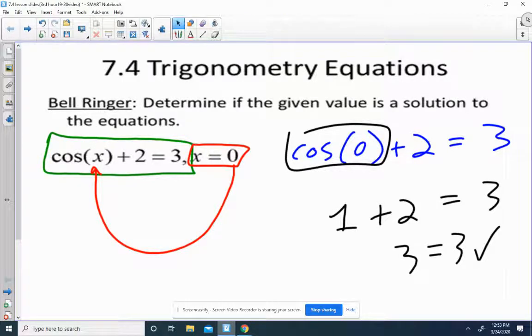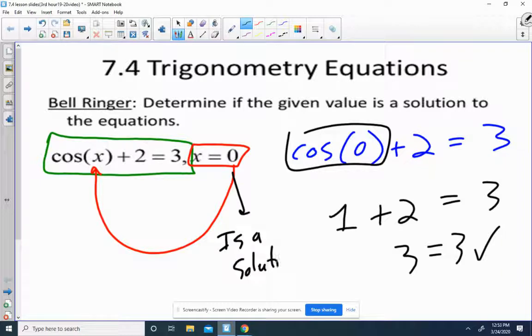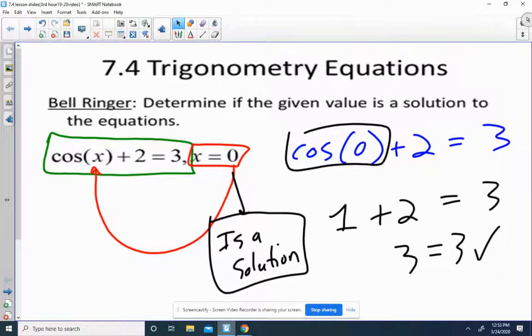So thus you would say that x equals 0 is a solution. And these are the type of equations that we're going to be dealing with. Basically, we're going to be finding solutions to satisfy given equations that involve trig functions. Just to give you a preview of what this lesson is going to be covering.